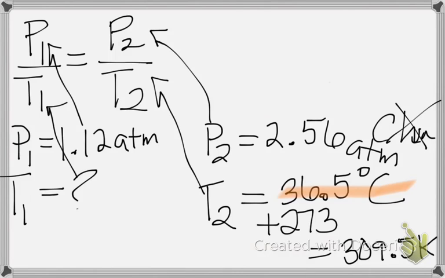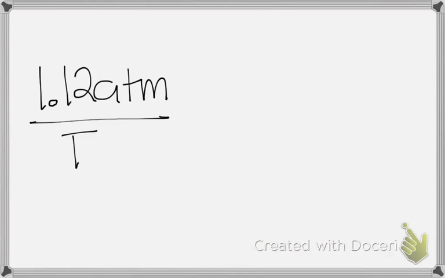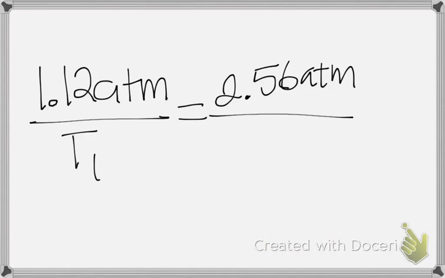For P1, that's going to be 1.12 atmospheres over T1, because remember that's what we do not have. I have 2.56 atmospheres over 309.5 Kelvin. Remember, everything has to be in Kelvin.